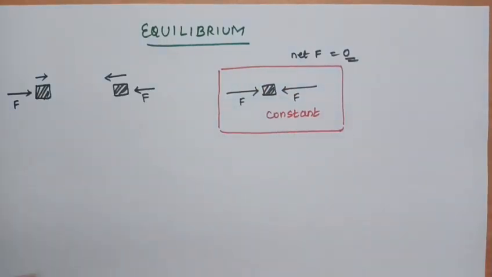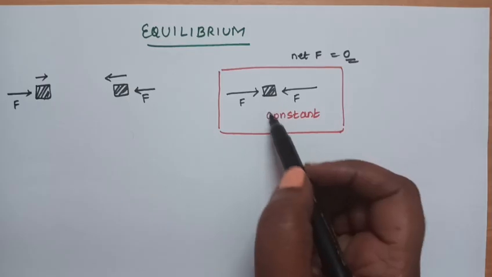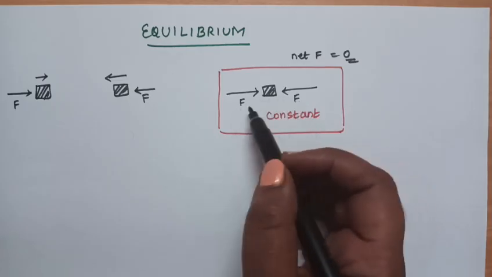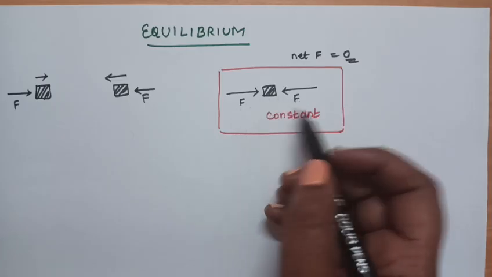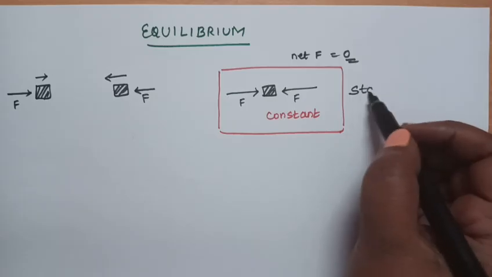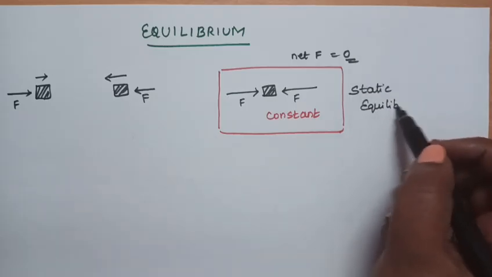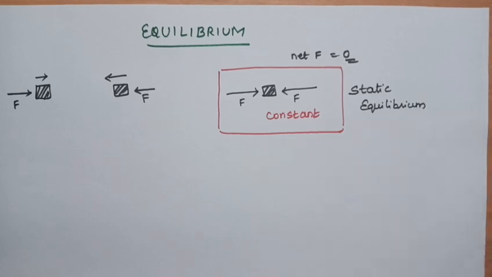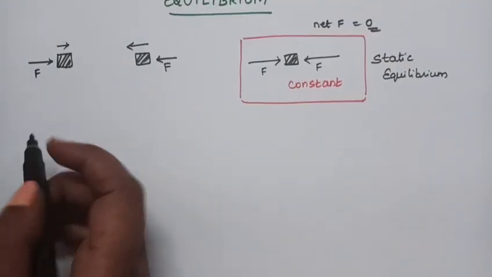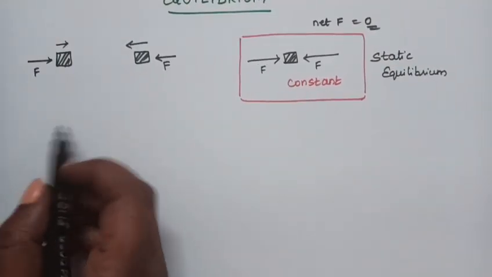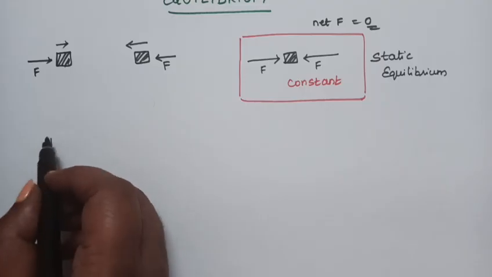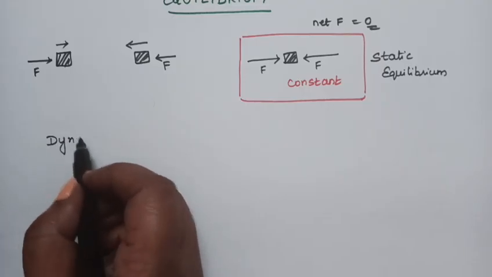So equilibrium means the position remains constant. It is not moving in either of the directions. So here it is called static equilibrium. In chemistry, we learn another type of equilibrium which is called dynamic equilibrium.